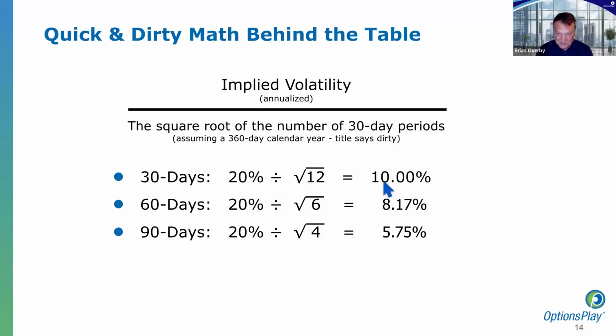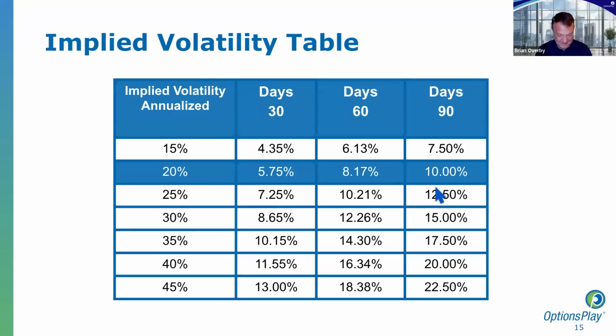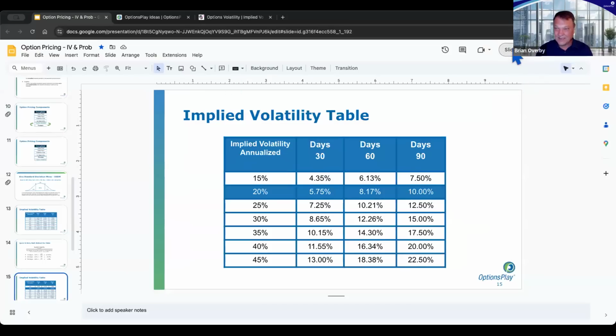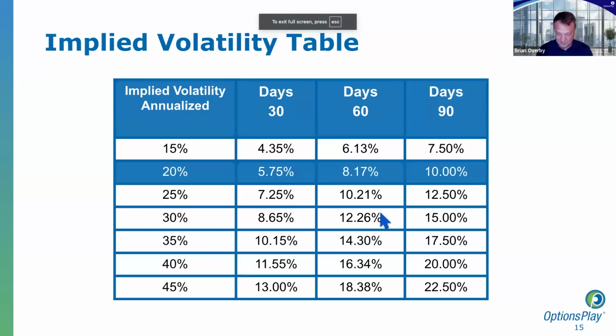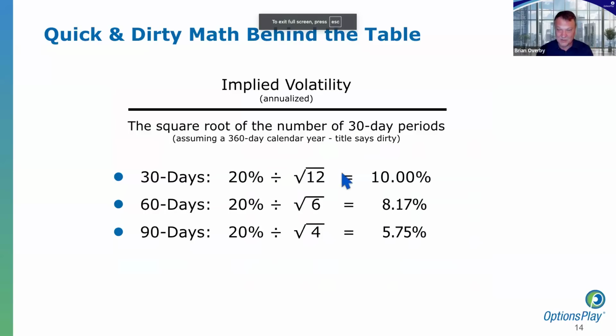Shoot. I've got to go back and do that. No big deal. But I flipped the script when I put the presentation together. So this would be 5.75%. On a 60-day basis, 20% divided by the square root of 6 would be, I got that one right because it's right in the middle, 8.7%. And then 90 days, 20% divided by the square root of 4, which I can do that one in my head, that's 2.